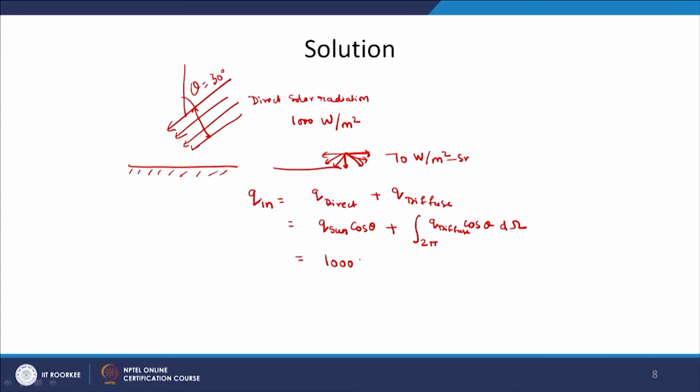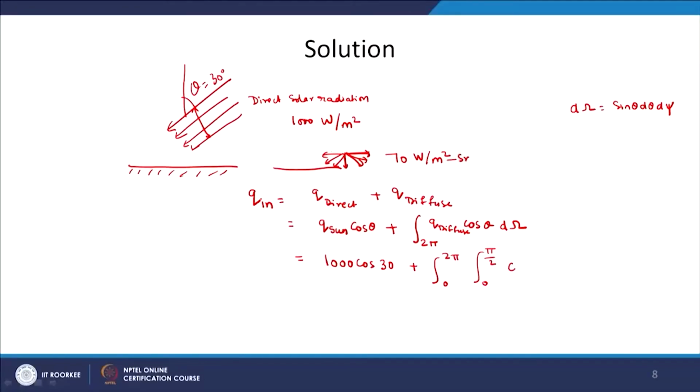So, this will be equal to 1000 cos 30 plus, now we write d omega again as sin theta d theta d psi, with 0 to 2 pi and 0 to pi by 2, which basically defines the hemispherical solid angle above the flat surface, of cos theta sin theta d theta and d psi.